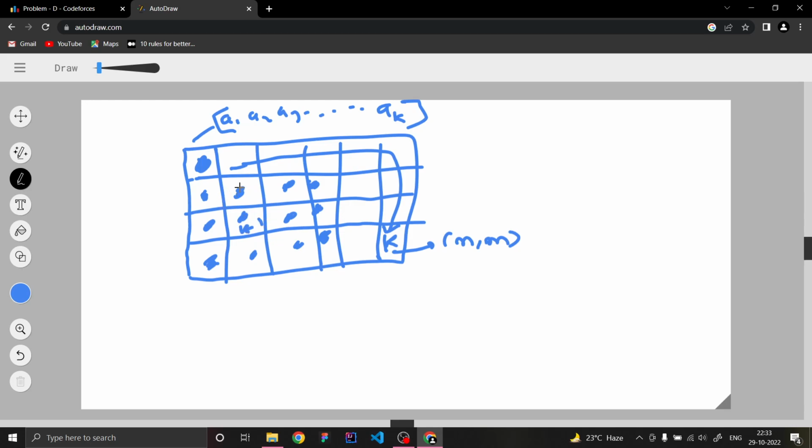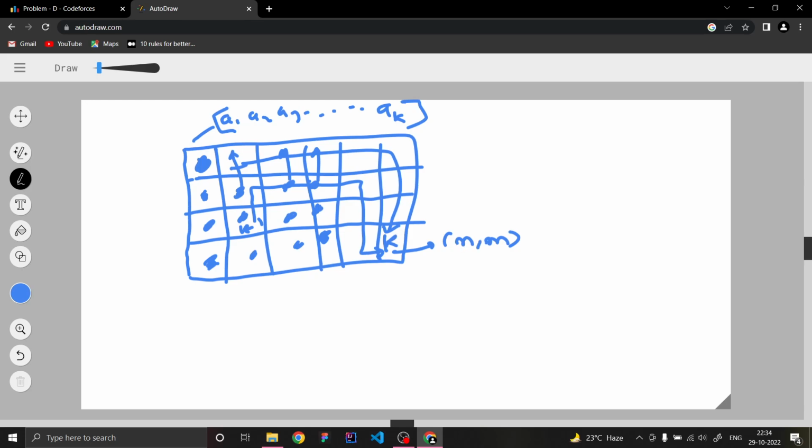Then what we can do is shift the cards above it into the upper cell, and take this card through this path and put it on the cell (n, m).